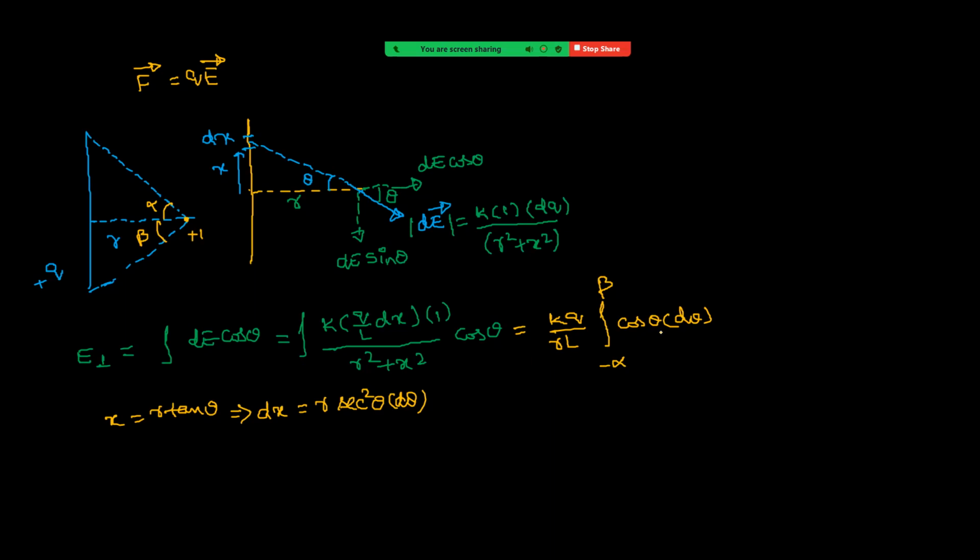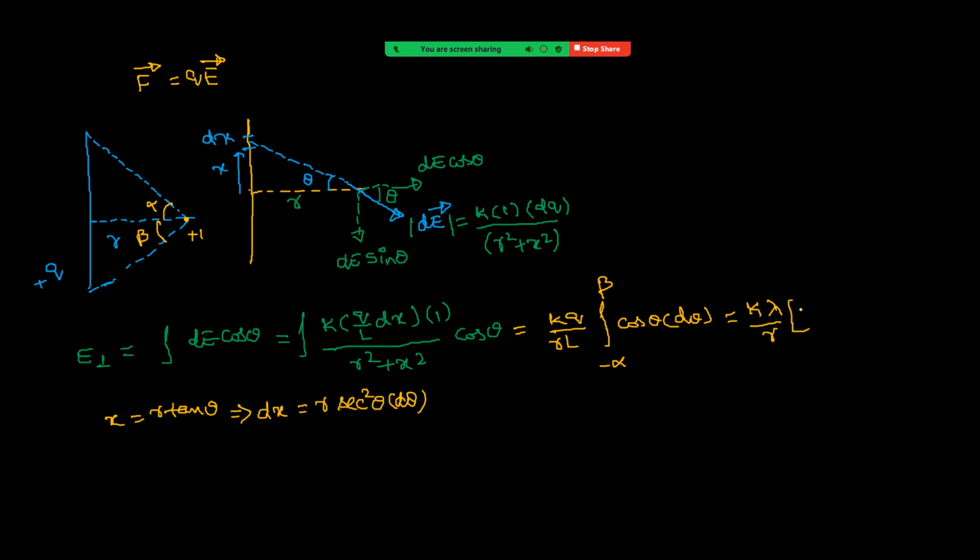That means this becomes K Q by L, charge per unit length, that is the linear charge density, notation lambda, so K lambda by R, integration of cos theta d theta, that is sin theta.